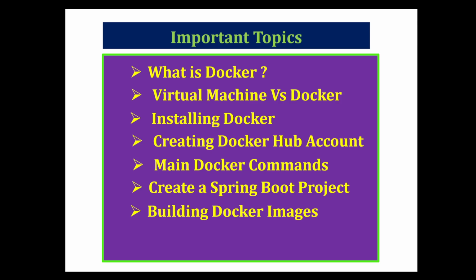So we are going to see how we can create a Dockerfile, what all things we need to mention in that, and how we can build our project, and how we can create a Docker image from our project using commands like docker build. We are going to see that.